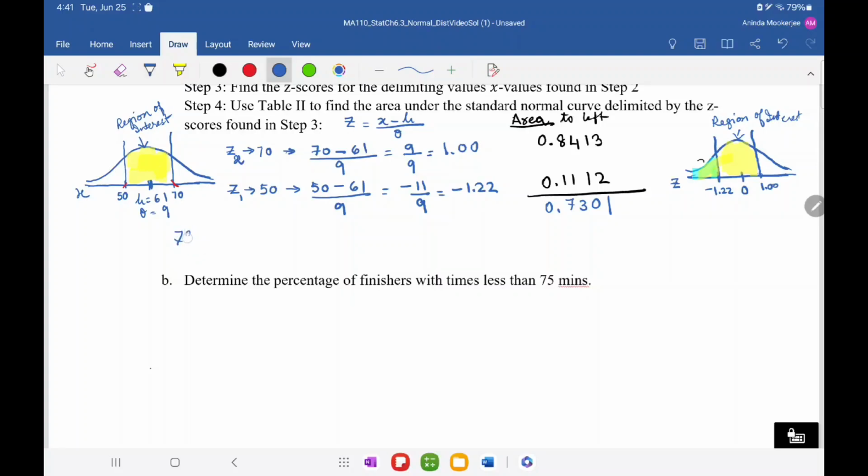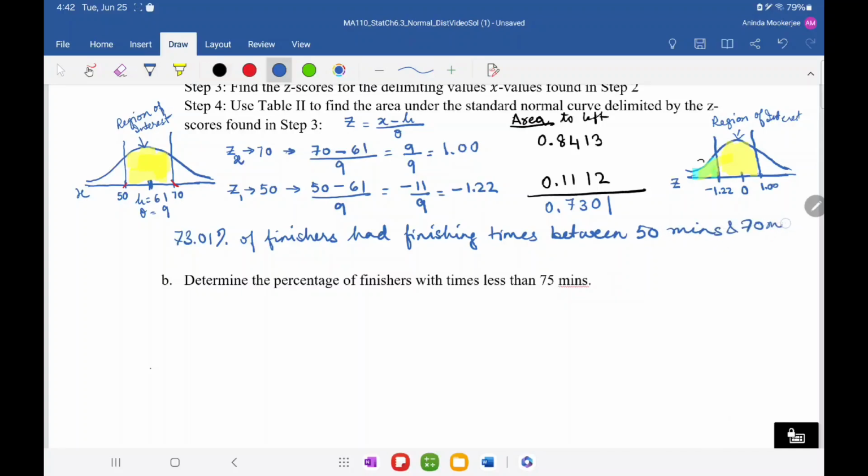The final answer should be written like this: 73.0% of finishers had finishing times between 50 minutes and 70 minutes. Okay, so the area of this region of interest is 0.7301.